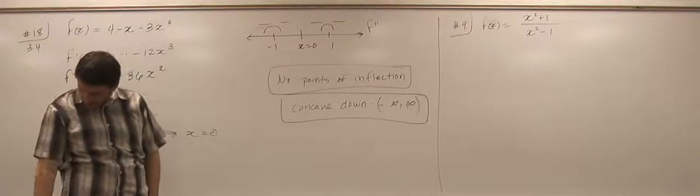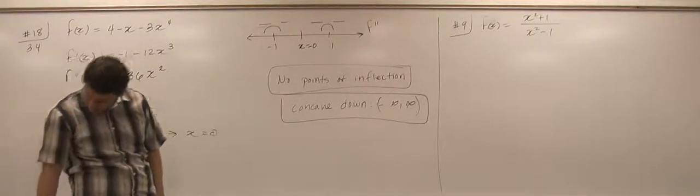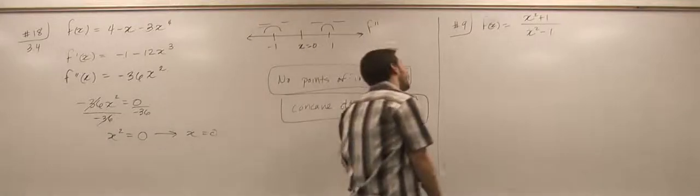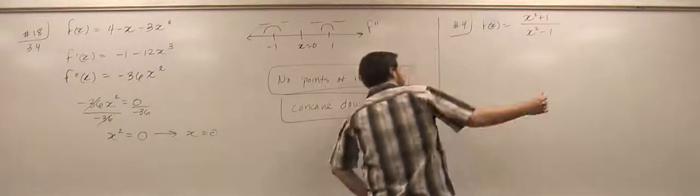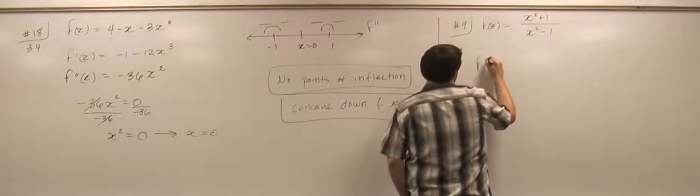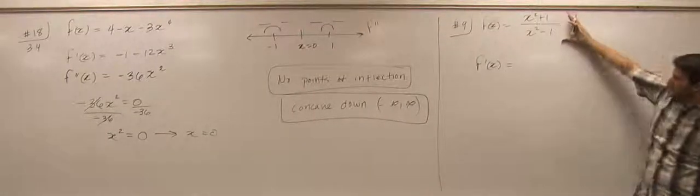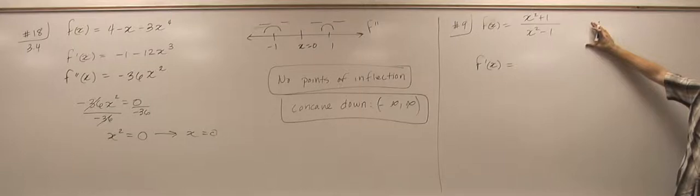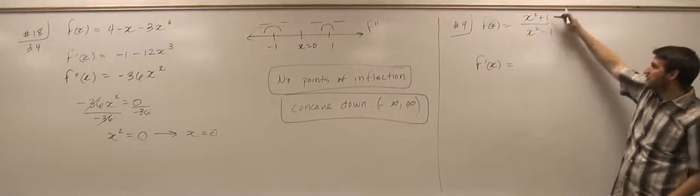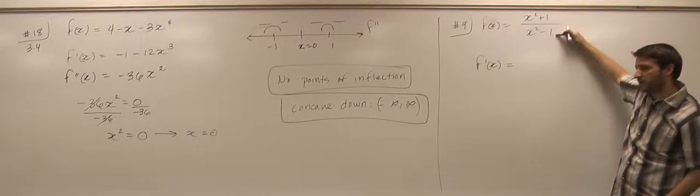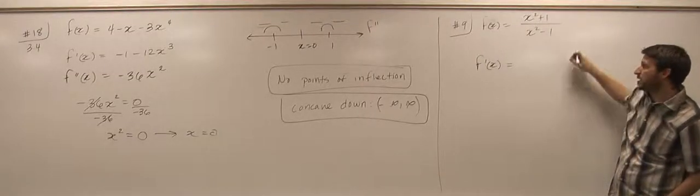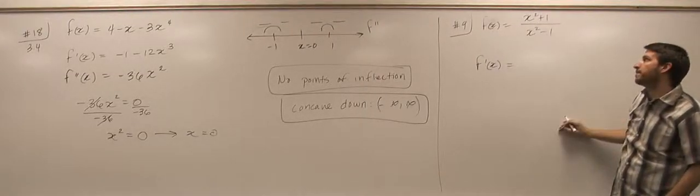So, again, since I'm looking for concavity, I have to do my second derivative. I have to do my first derivative first. So, do you guys remember how the quotient rule works? The quotient rule says you have to do the derivative of the top times the bottom minus the derivative of the bottom times the top, and then put it over the bottom squared.